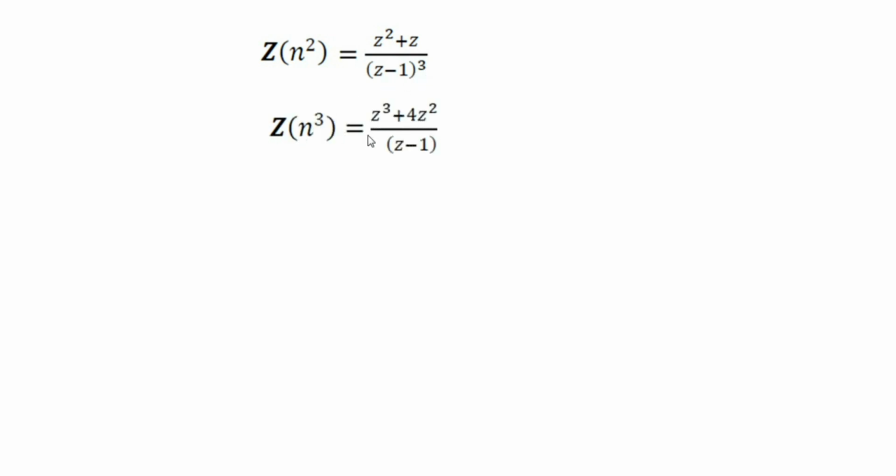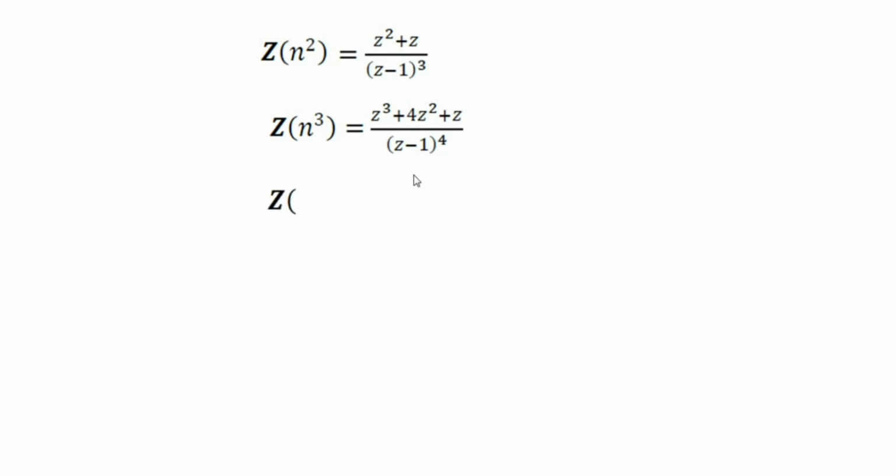Now you can see Z{n^2} = (z^2 + z)/(z-1)^3. Z{n^3} = (z^3 + 4z^2 + z)/(z-1)^4. And remember all these formulae for getting Z-transforms of various discrete functions.